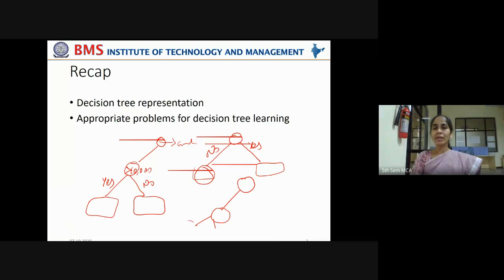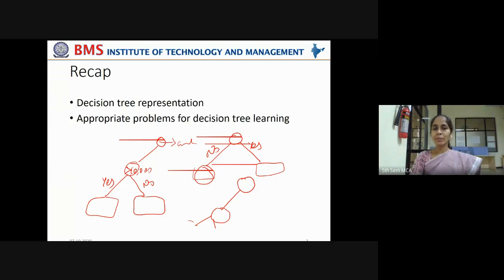It means for that particular path of attribute values, it always classifies it as a positive example or a negative example. If there is a confirmation of that, immediately you can attach a leaf node. But if there is no confirmation, further you have to check the attributes. In that case, you have to start with another root node for a subtree, right? That is how a decision tree is constructed.